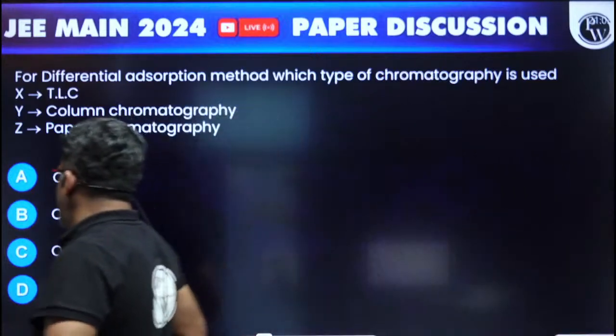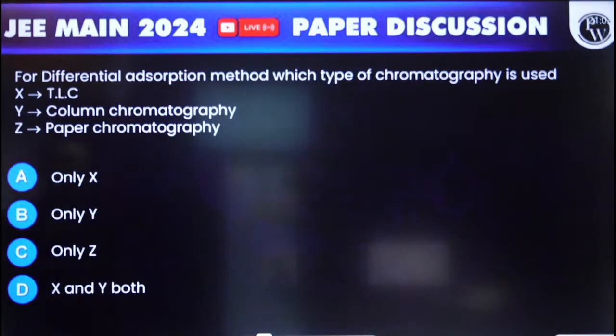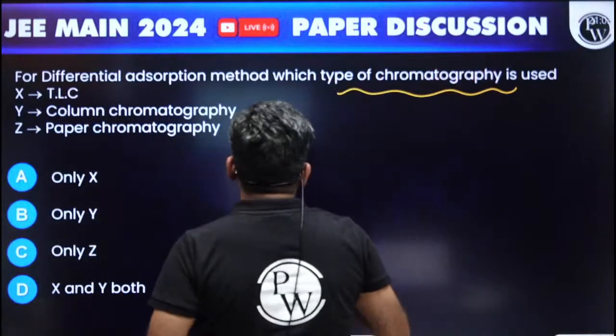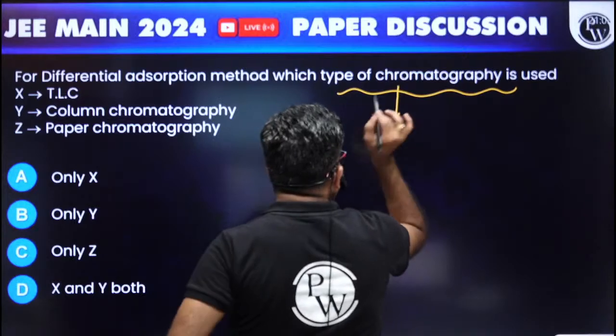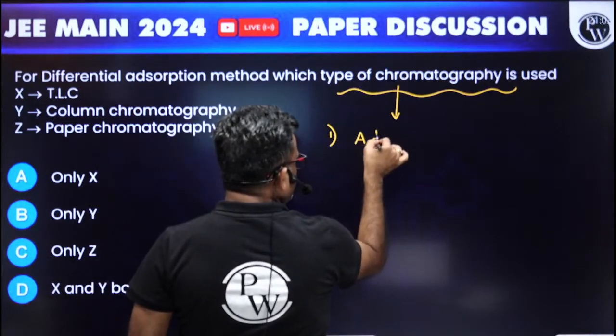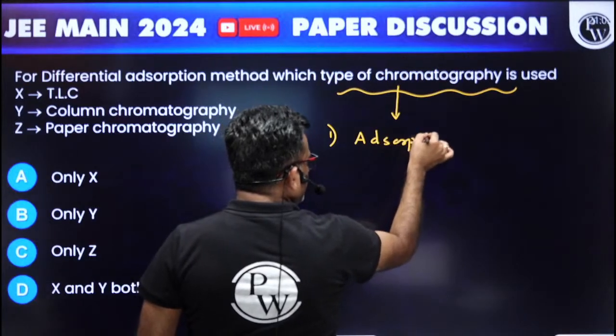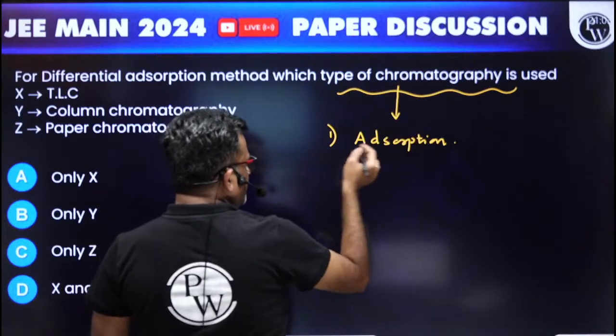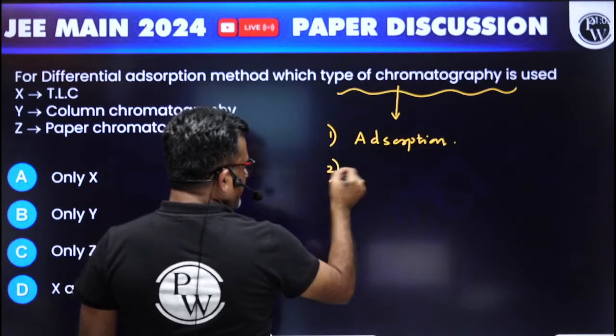For differential adsorption method, which type of chromatography is used? Basically, the principle of chromatography is based on number 1, adsorption. In Class 11 you have studied adsorption in the GOC chapter, and the second one is partition.